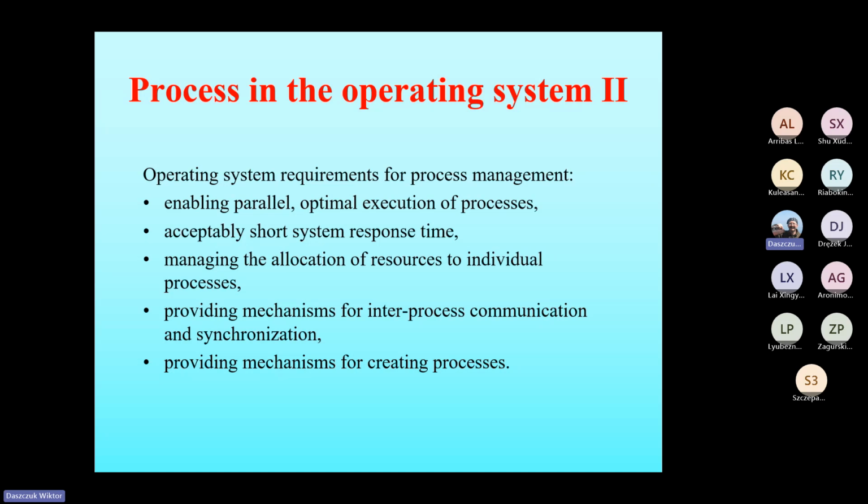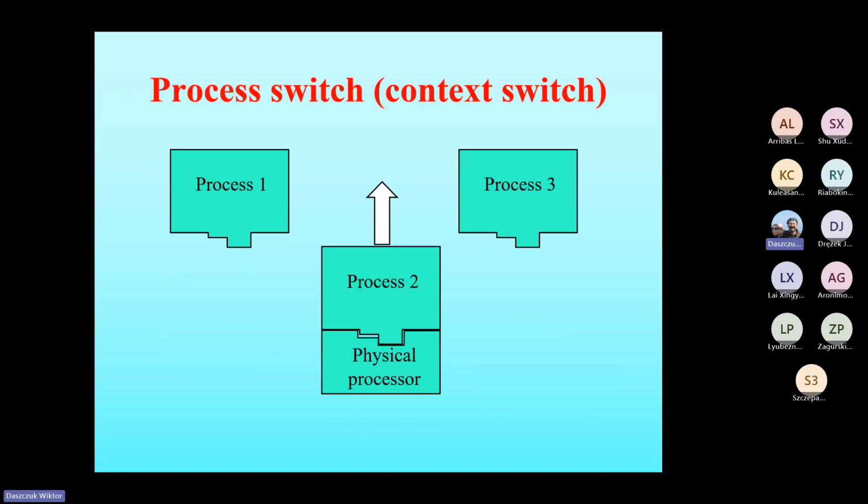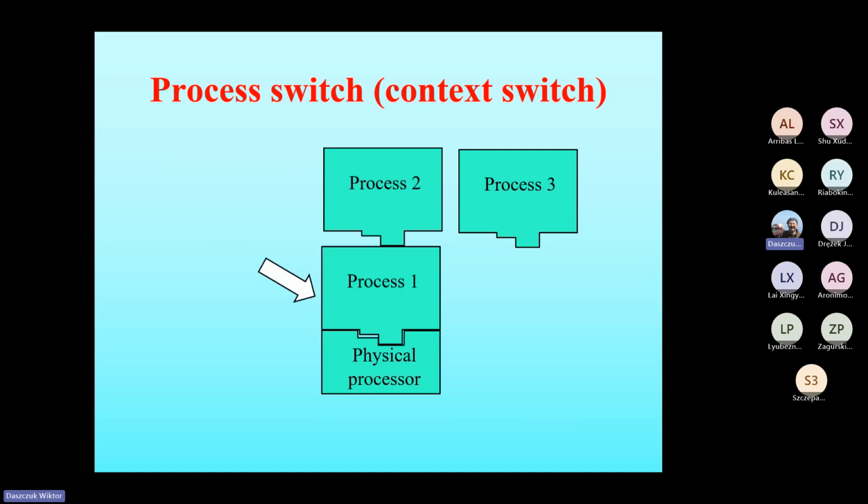Allocating and deallocating the resources from processes, providing mechanisms for inter-process communication and synchronization, and providing mechanisms for creating and finishing processes. We talked about creating processes last week. This is the picture that we know already, how the process switch is performed, so we can skip it.